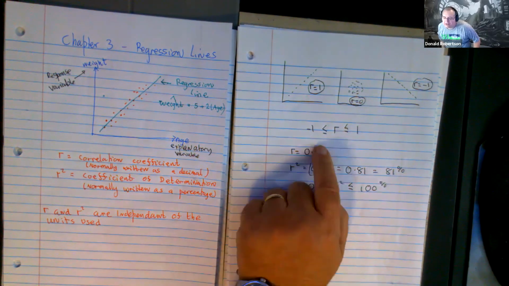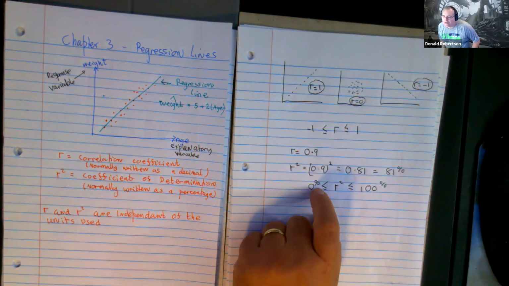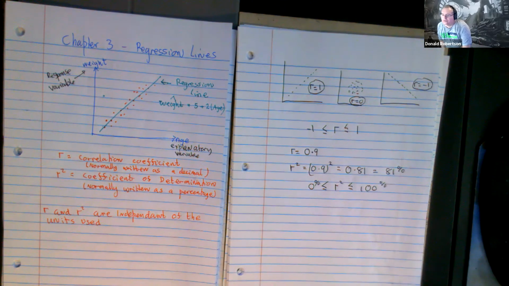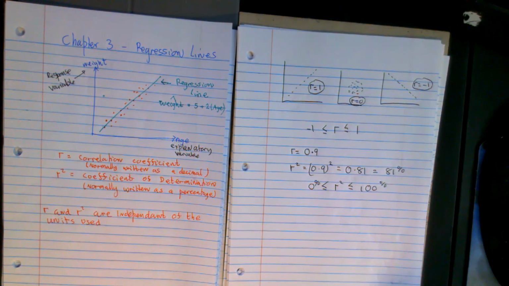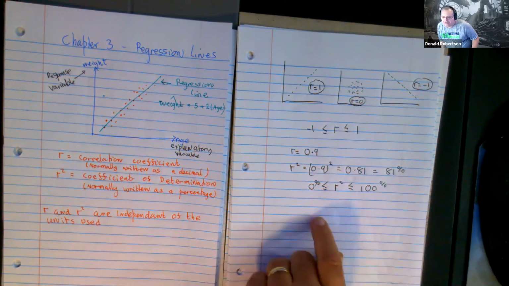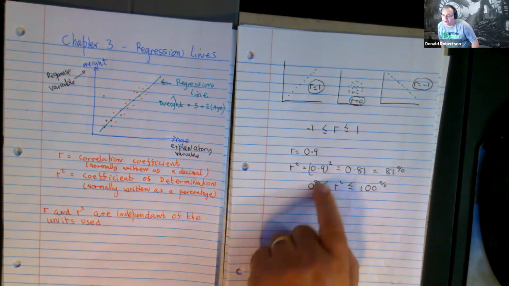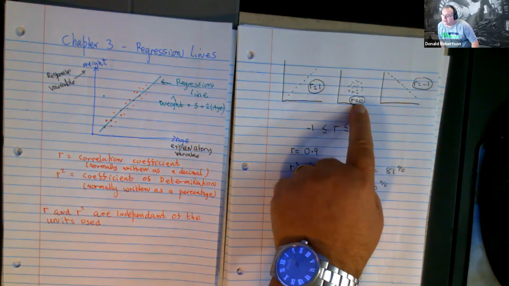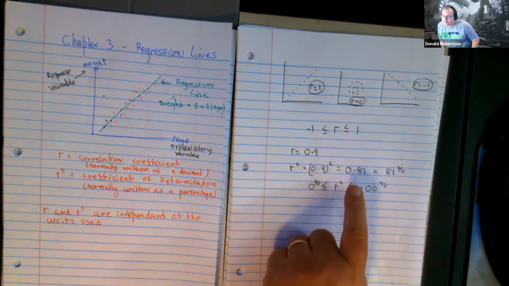How come you don't get negative numbers out of R squared? Because a negative times a negative is just a positive? That's a better reason, yes. If you take a negative number times itself, don't you always guarantee a positive answer? Would you agree that 0% would be this fella? 100% would only mean a perfect straight line.